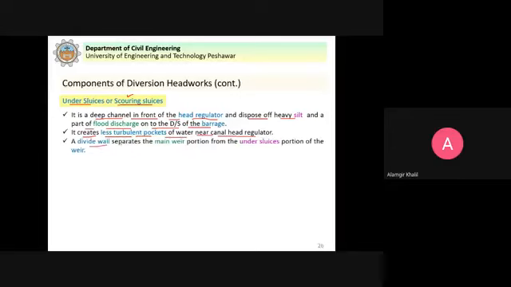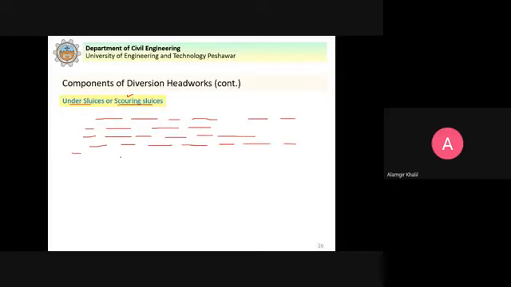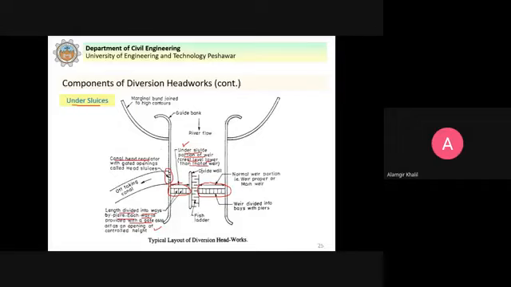A divide wall separates the main weir portion from the under sluices portion of the weir. You can see here the divide wall.